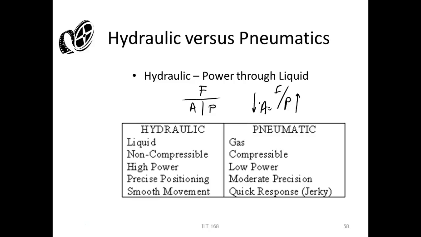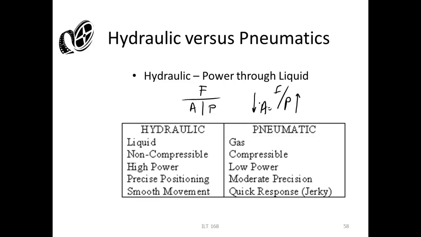Your actuators will move jerkily. We have one actuator on the Festo line that's really jerky because it's pneumatic, but it still does its job. We'll talk about ways we can help eliminate that.